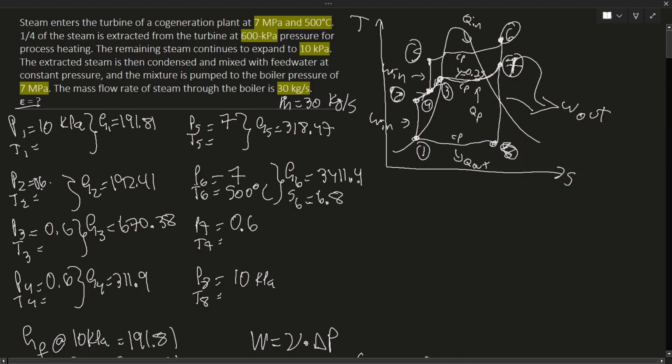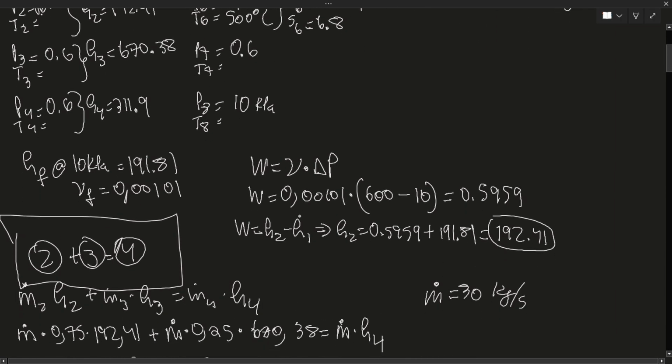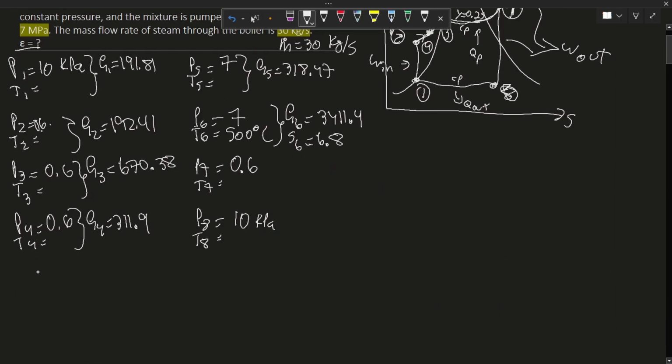Now we could begin finding point 7. Actually, first let me clean this up real quick. For point 7, we have a pressure of 0.6 megapascals and an entropy of about 6.8. Reading the superheated tables, you're going to see that you basically have to interpolate, just like all your other cycle problems, okay?